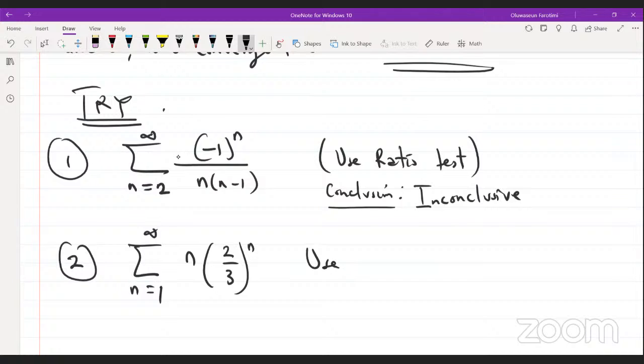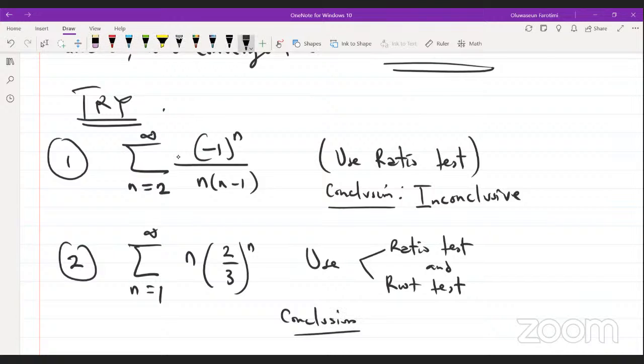I can say use the ratio test and the root test. The conclusion is that it converges.